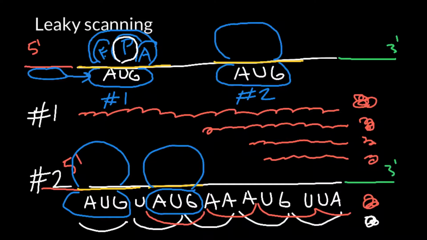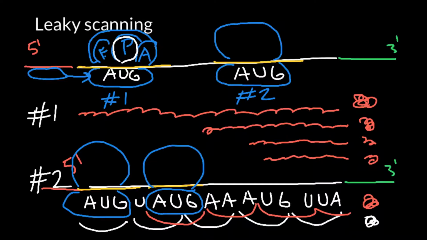And of course, also due to Leaky scanning, not just 3 different variants of the protein can be produced from the same messenger RNA, but also there can be a different start codon in each sequence. But it is very unlikely that some sequence would have meaning in one reading frame and also have meaning in the other reading frame and in the third reading frame.